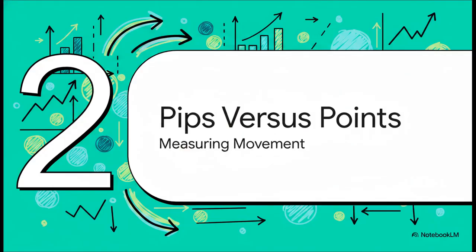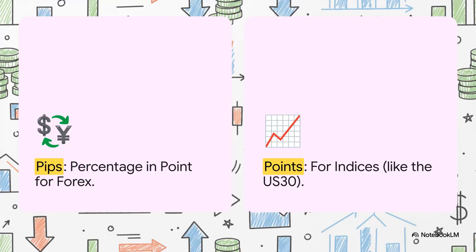Which brings us to Section 2, pips versus points. Let's talk about measuring movement. Just like different countries have their own dialects, different financial markets use totally different terms to measure price movement. Over in the Forex market, the foreign exchange market, traders measure price movement in pips. So when a currency pair's price moves up or down, Forex traders communicate that movement in pips.